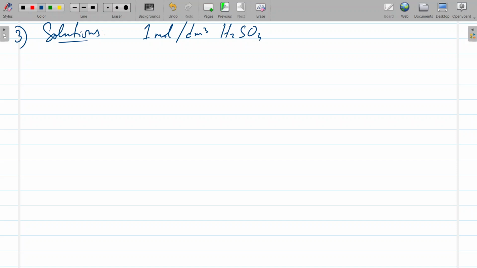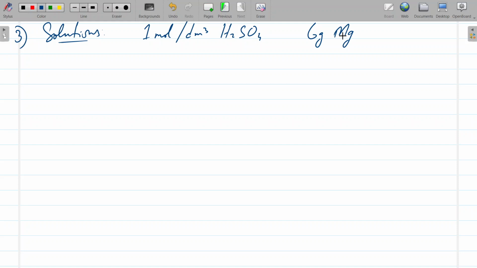And you are reacting it with 6 grams of magnesium. So remember reaction of metals with acids? Do you remember reactions of metals with acids?